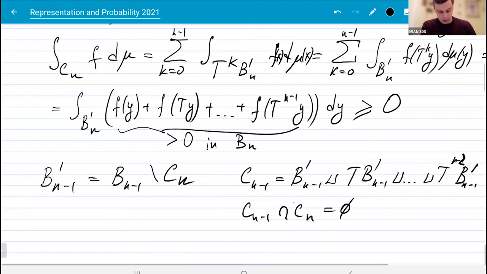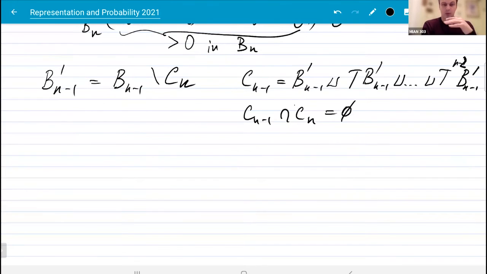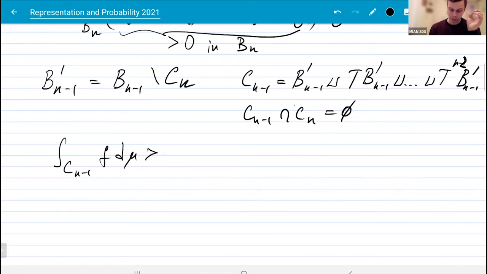Then after this step, I, on the one hand, construct again a set. So then it is again the integral over Cn minus 1 of f d mu is negative, and so on. I guess the rest is quite clear.